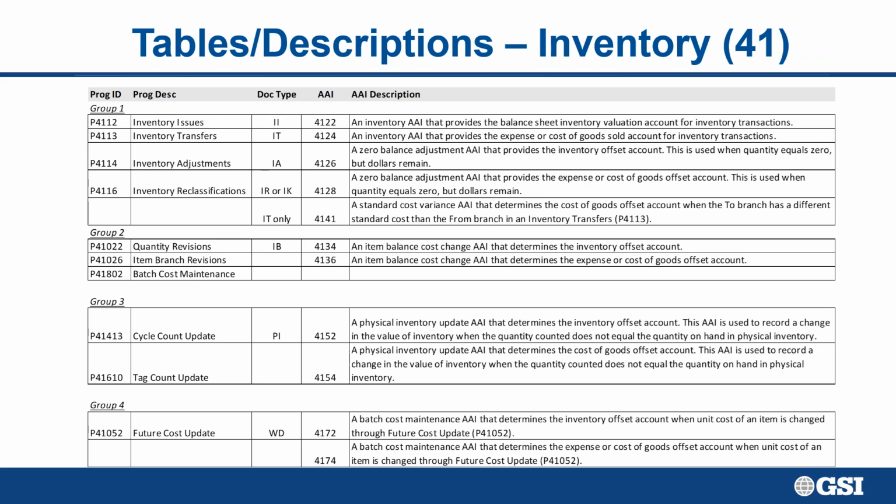Now, each one of those modules has what's called a system code attached to it. So you can see in the title of the slide here, I put inventory 41. The 41 is called the system code. All of the different systems in JD Edwards have a code associated with them. Now, why is that such a big deal?